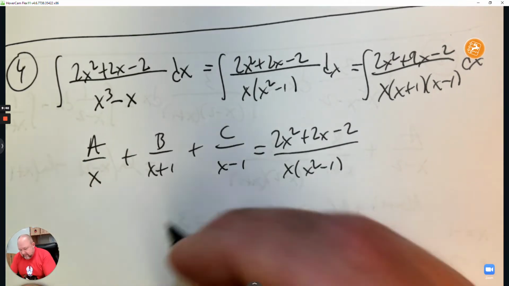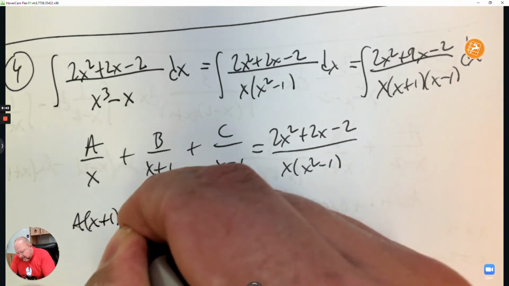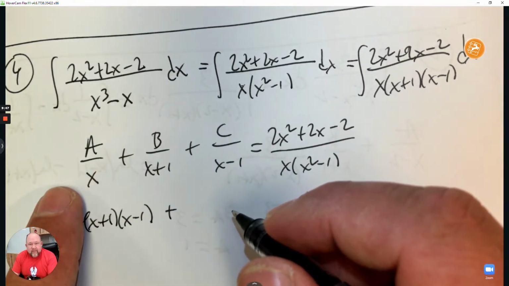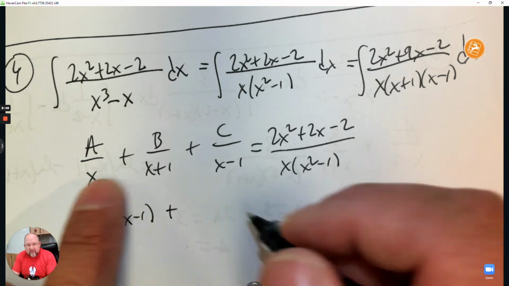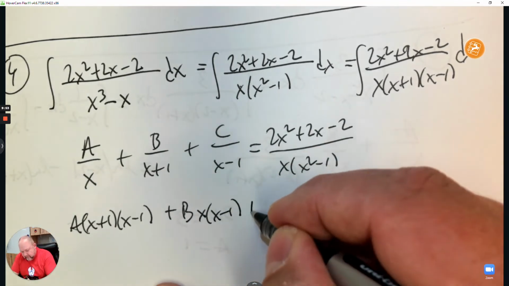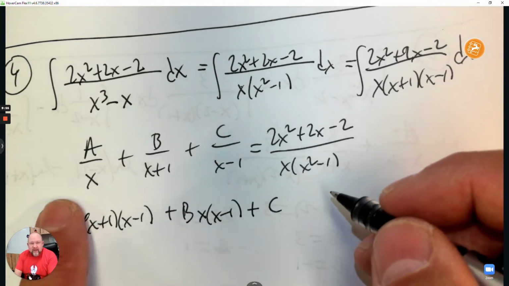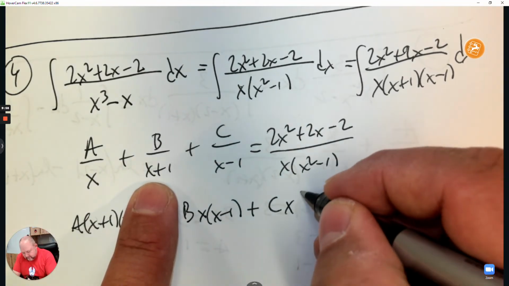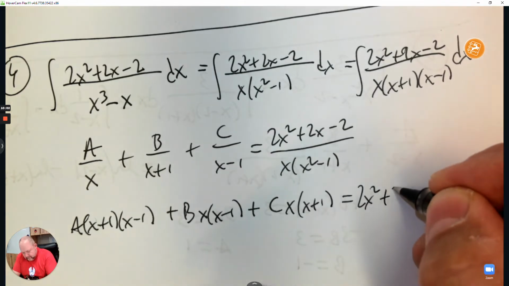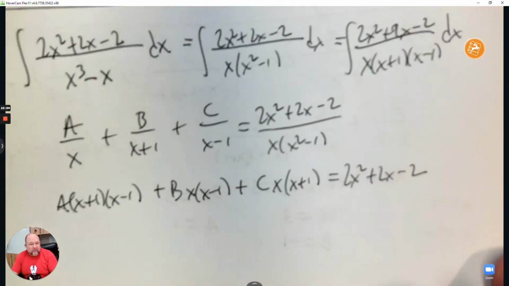So this needs x plus 1 and an x minus 1. This one here needs x and x minus 1. And then the last one needs x and x plus 1. and make it equal to the numerator.